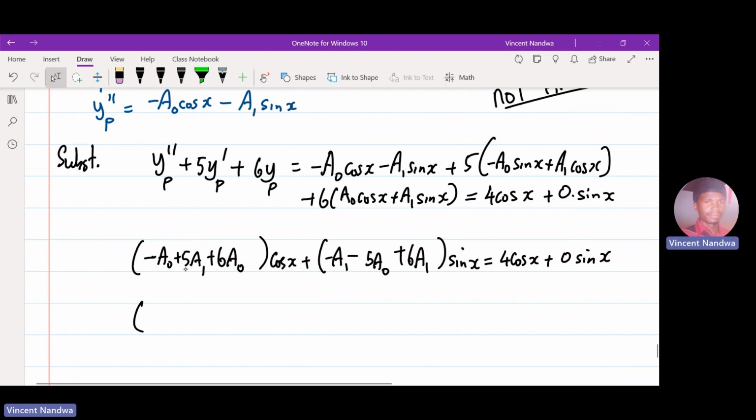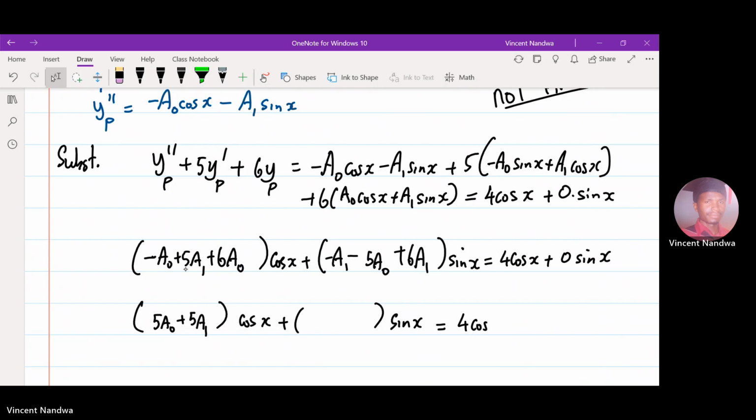So we can go further and simplify. So the first bracket will be 5a naught plus 5a1. And then the second bracket, negative 5a naught plus 5a1. Good. So we are claiming that the two sides are equal.